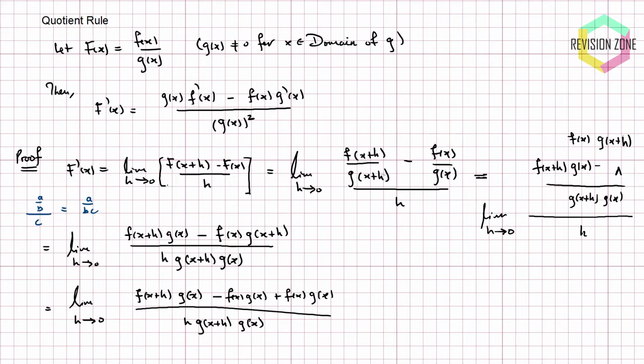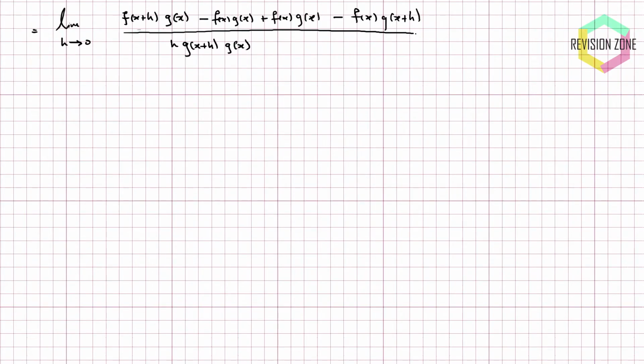That thing there perfectly cancels with that thing there, so that's totally 0. I've not really added anything in terms of the value overall. And then from my previous numerator, that term still needs to be written out, so minus f of x g of x plus h. Perhaps I'll take a moment to tidy this. So this looks much more promising.